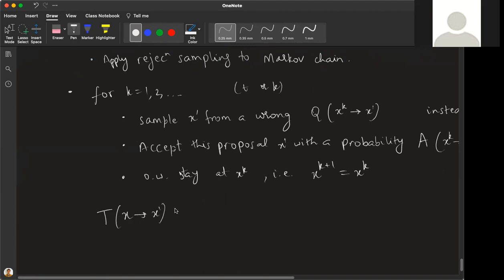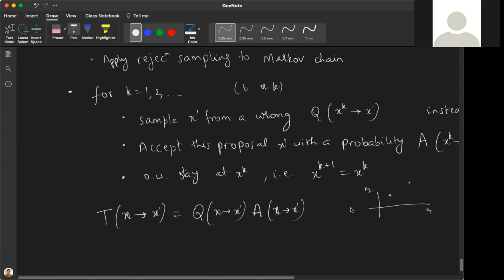For this to happen, first of all, you have to be able to generate, and then you should be able to accept it. Ultimately your transition probability is a product of two probabilities. One is that you should be able to generate or transition from x to x dash. Secondly, you should be able to accept this transition. Imagine that you have two values here, x1, x2, which is the x vector. These are all vectors. I'm sorry, I'm not drawing the bold mark here.